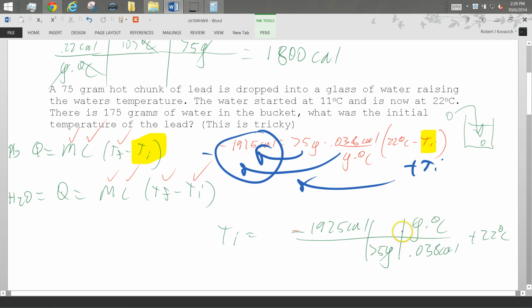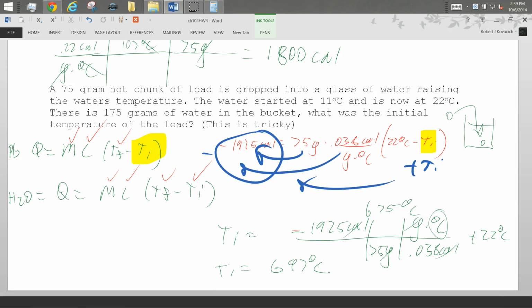And so the grams cancel out, the calories cancel out, and I only have degrees C left. I'm pretty sure this number works out to be like 675 degrees C, and if I add the 22 to that, I get 697 degrees C. And there's the last little bit of trickiness to this problem.